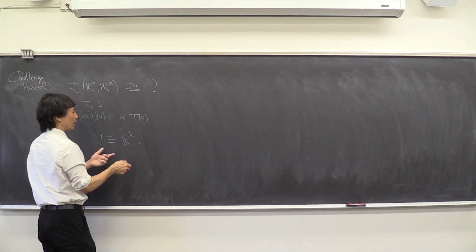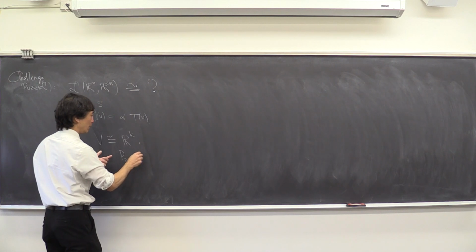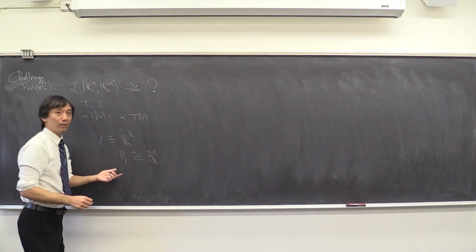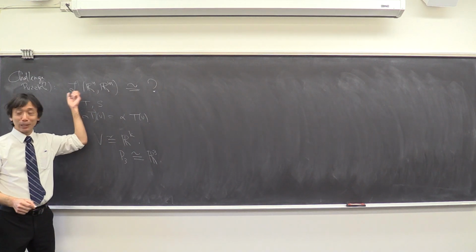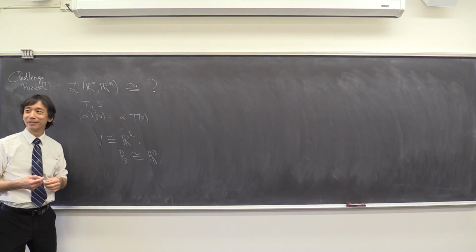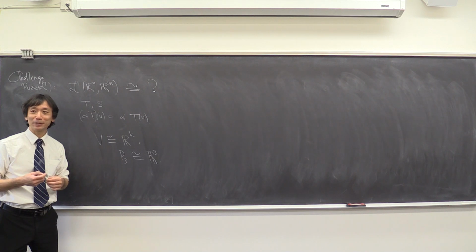Like the polynomials of degree less than 3, those guys were pretty simply isomorphic to R3, right? What about the linear transformations from Rn into Rm? Anybody want to make a guess? There's no penalty for guessing.